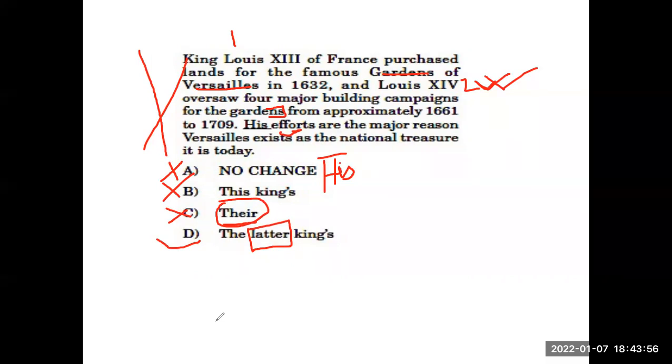And grammatically, pronouns always refer to the closest available noun. In this case, the closest available plural noun is gardens, not the kings, right? Everybody clear? Everyone clear about this?